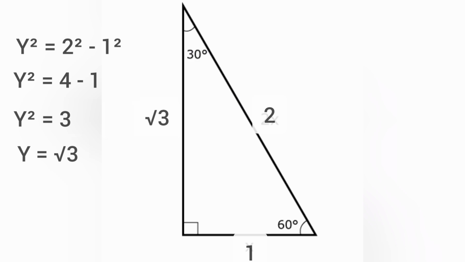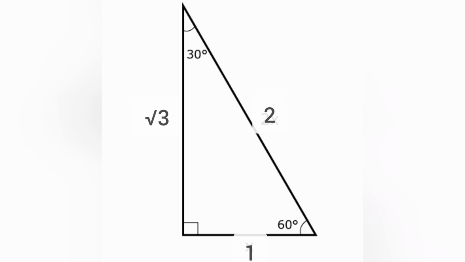The hypotenuse is 2. The adjacent is 1. Now take note, the opposite and the adjacent solely depend on where the angle is facing. Okay, now we have angles 30 and 60. If we are to look for angle 60, the opposite of angle 60 is square root 3, while the adjacent of angle 60 is 1.